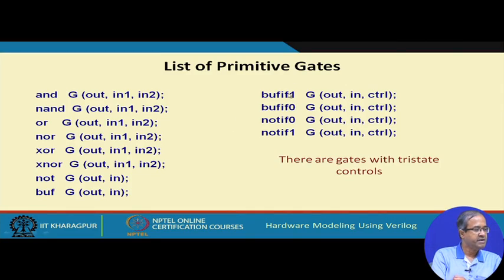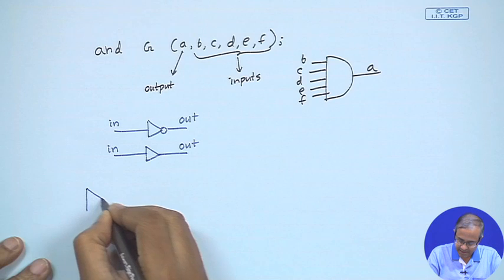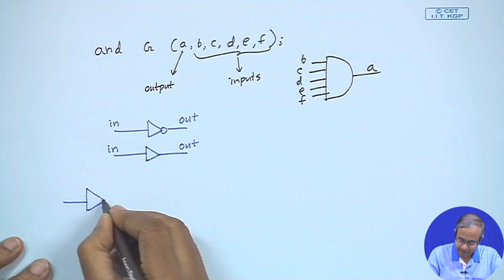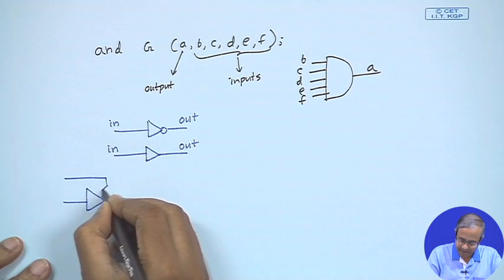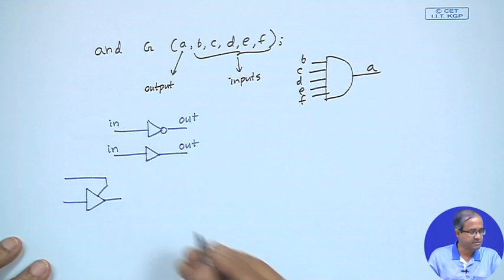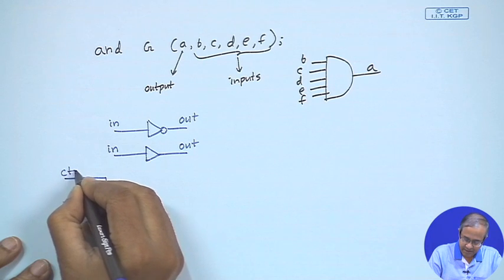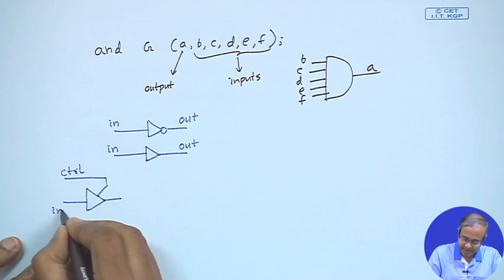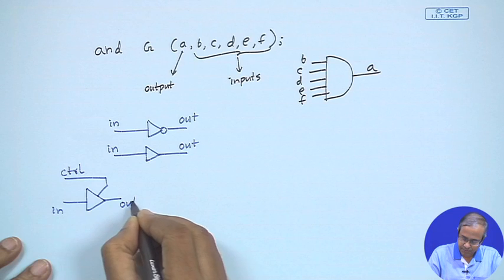Now, there are some tri-state versions of buffers and NOT. Let us see buff if 1 first. It is a buffer which is selected by a control signal like this. So, this is CTRL, this is in, this is out.